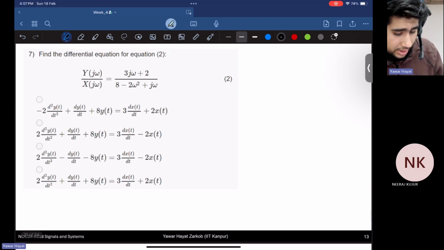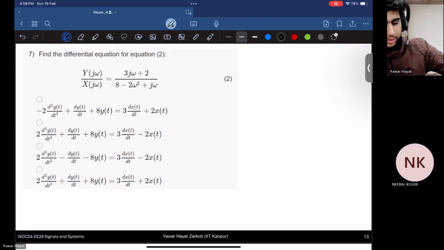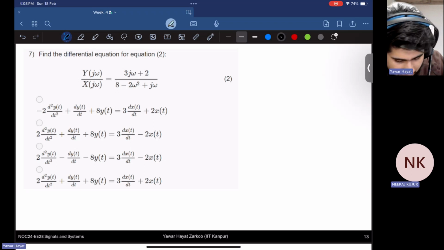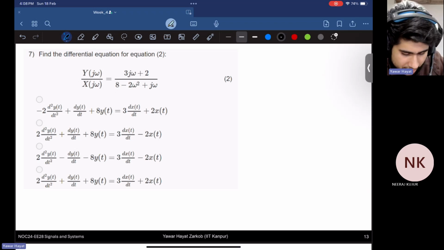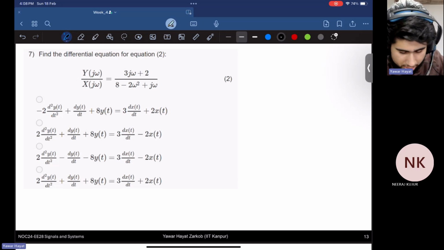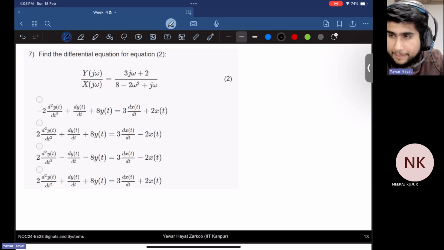Question 6 is done. Now we are left with question number 7. The question is that we are given a transfer function and we need to compute what would be the differential equation corresponding to this transfer function, right? Earlier, we saw a question in which the differential equation was given and we had to compute the transfer function. This essentially is a dual of that question.